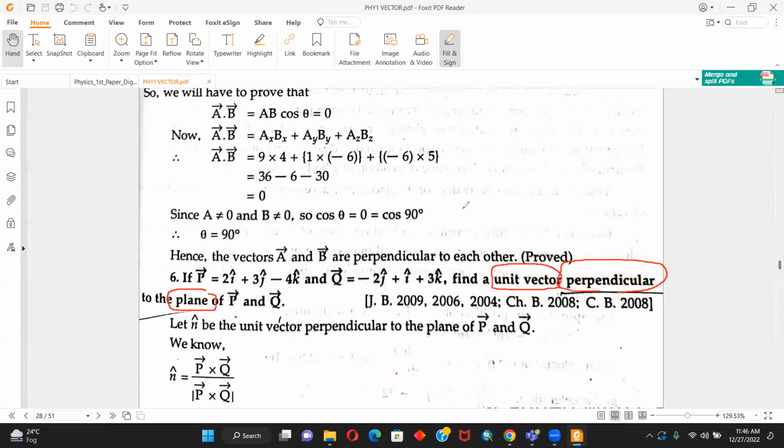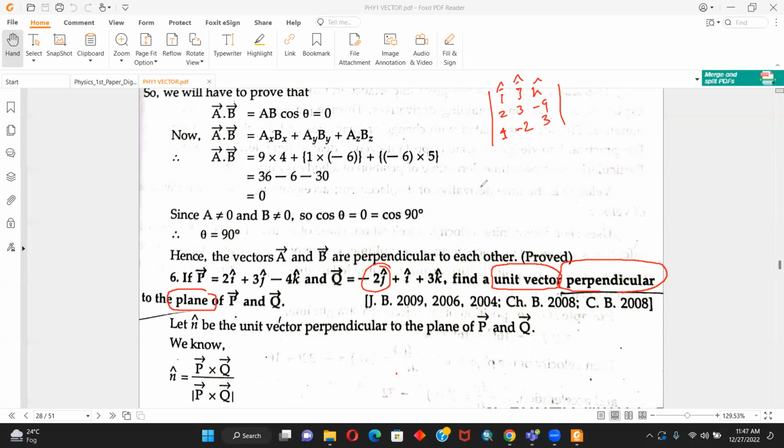Did you form the matrix? The matrix is I, J, K, then 2, 3, minus 4, then minus 2, J, 1, I, plus 3K.